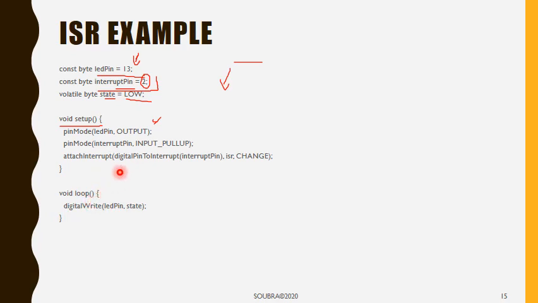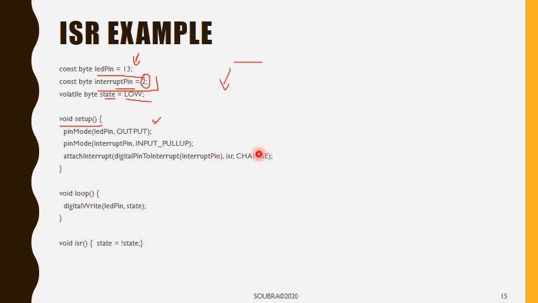Yes, definitely. We can see that we did not define what happens inside the interrupt service routine here. So we need to create our interrupt service routine. It has no parameters, returns nothing, and inside it, all I have to do is switch the state. That's it. So what happens if I'm normally spitting out something to the LED?